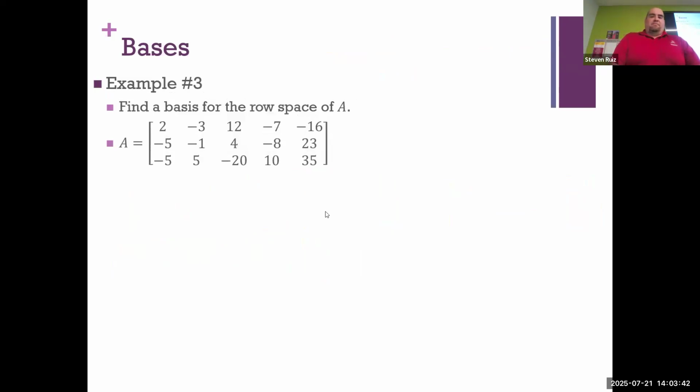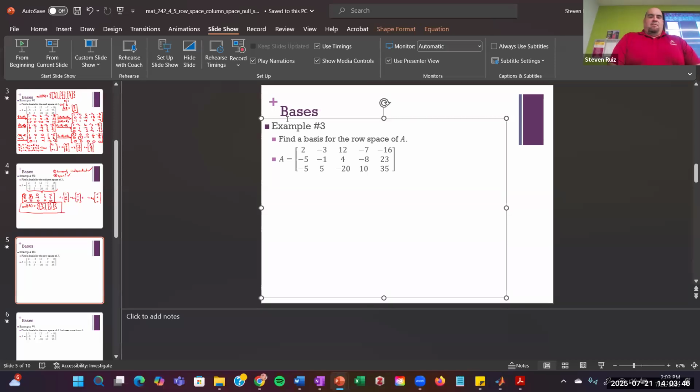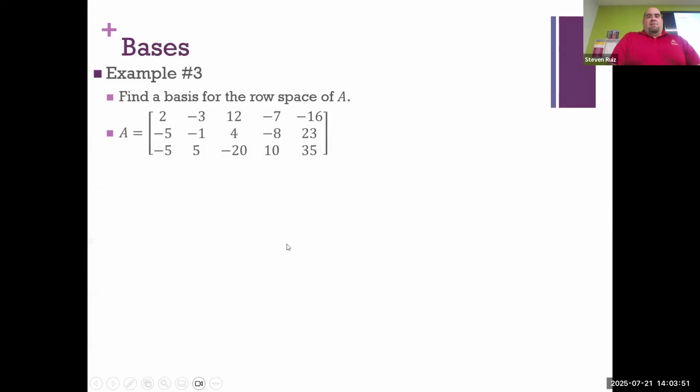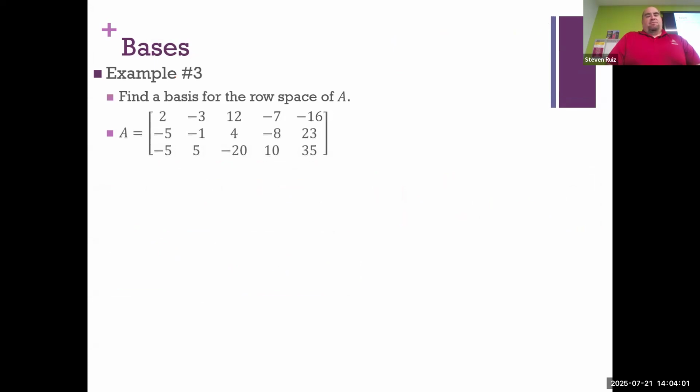What about the row space? What's the row space tell us? Span of the rows, right? So in the last example, we were looking at the span of 5 columns. Now we're looking at the span of 3 rows, right?